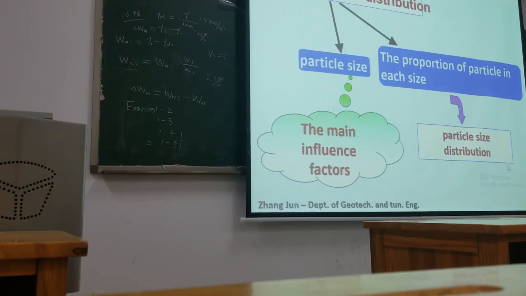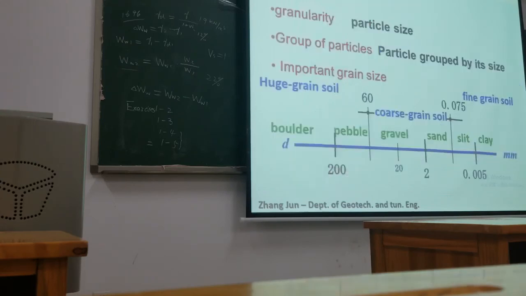And how to describe the particle size distribution? Maybe the proportion of particles in each size. But we know the soil particles vary in size. So we should give groups of particles.